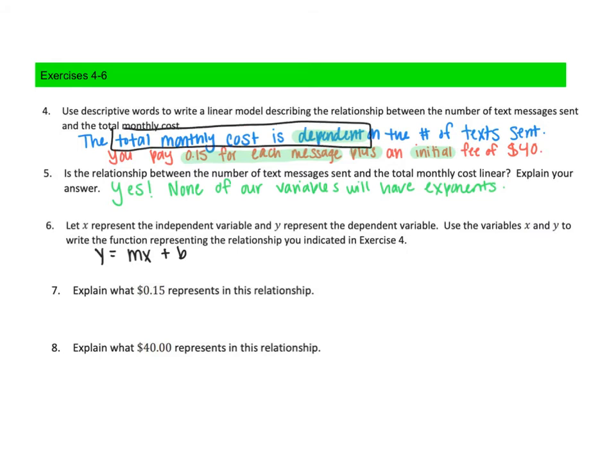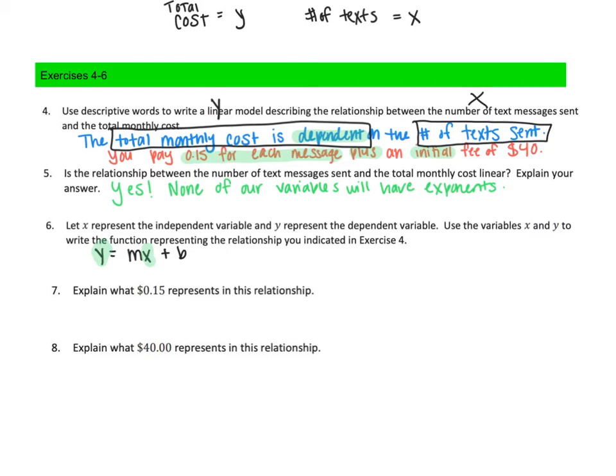Remember that our dependent variable is our y variable, right? So our total cost is our y, okay? And it's dependent on the number of texts sent. That means this is our x. So I'm just going to leave these as y and x, but now I know what they represent, okay?